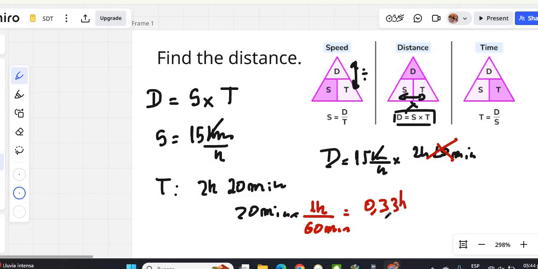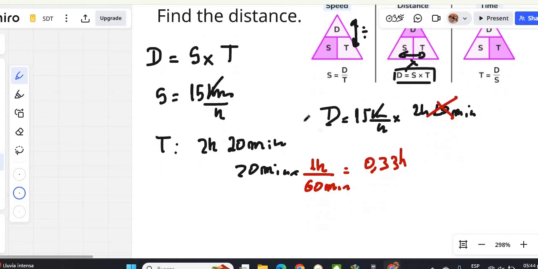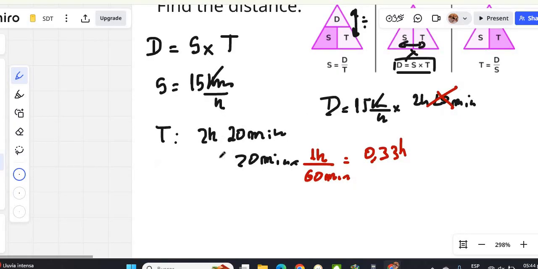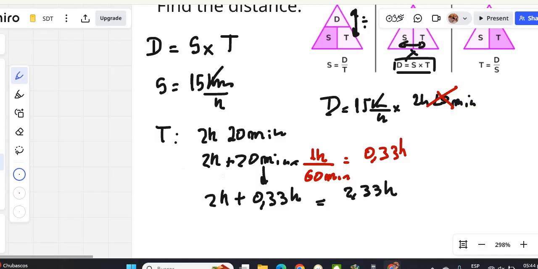So what is the total time involved in this movement? Well, it's the 2 hours plus this 20 minutes expressed in hours. So it's 2 hours plus 0.33 hours, because this is the 20 minutes. This is 2.33 hours.